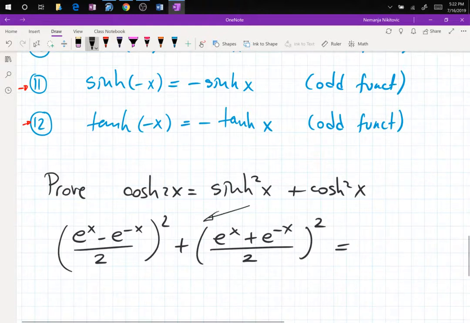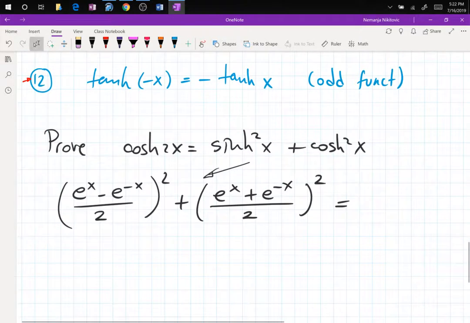and now I'm just going to work with these values, work out a whole bunch of algebra, and hopefully it simplifies into something that I can compress into a cosine of 2x. So the first order of business is to square these. When you square, you have the square of a binomial, so you get 3 terms.